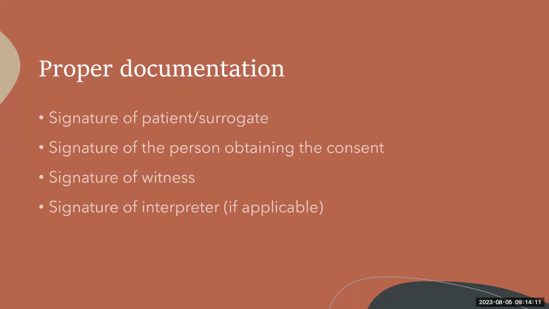Usually in the United States, we require a witness when you're performing any kind of consent. So someone who's not performing the procedure needs to be there to say that they were there and witnessed you doing the whole process.